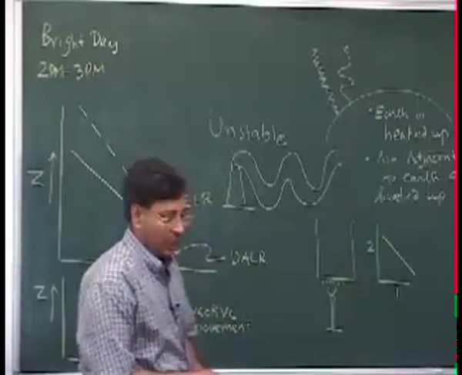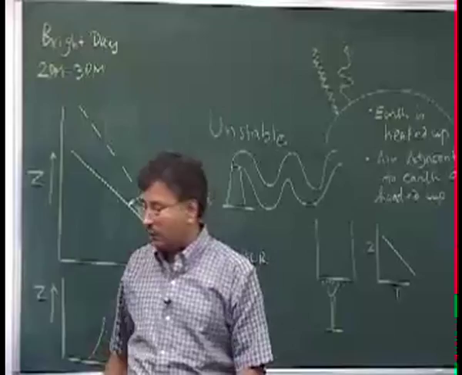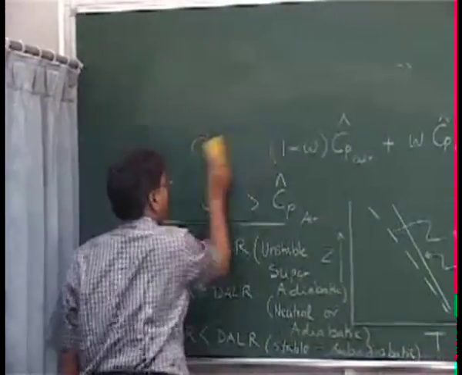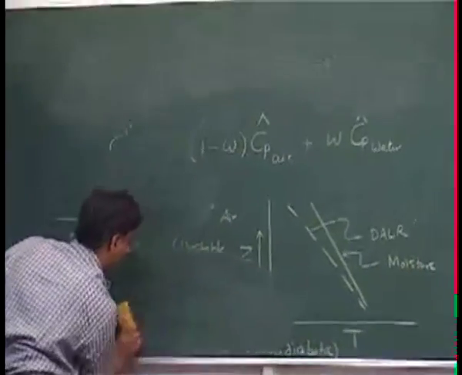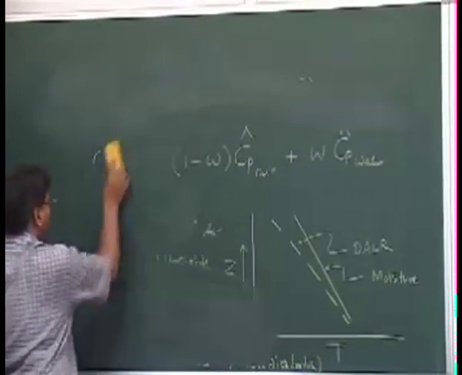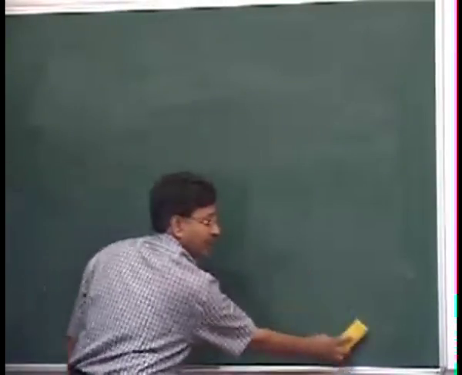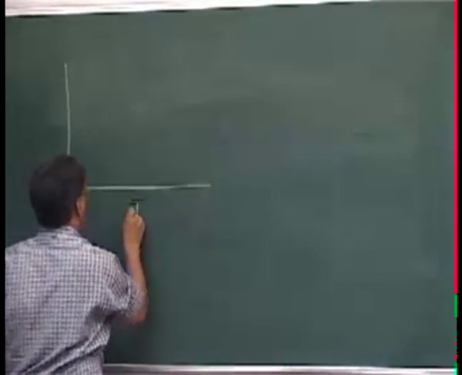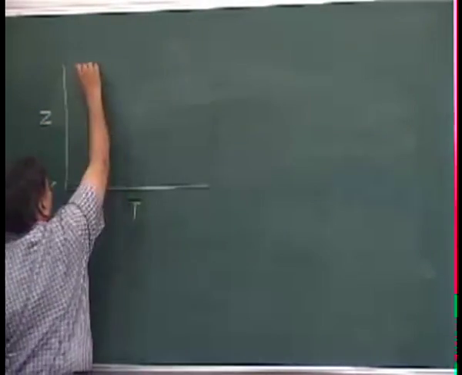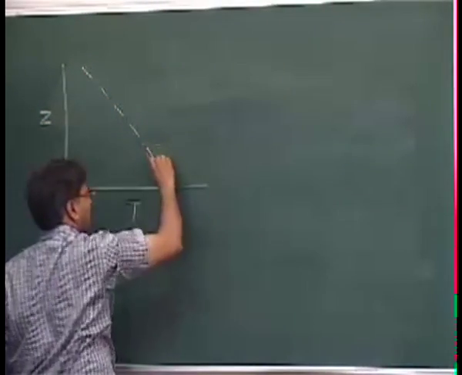Now I take the reverse picture of this one, and let's see what happens in the night time. You will never see birds soaring at night, it cannot happen. So if I draw a very similar picture, T here, Z here, and this is my standard conditions.